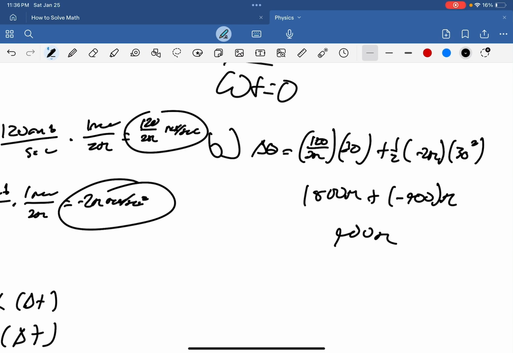Hold up. I messed up somewhere around here. Hold up, sorry. 120 divided by 2 pi times 30. Negative 2 over pi over 2 times 30 squared. Yeah, I messed up somewhere here. Sorry, guys. Let me take a moment to figure out how to do this correctly.